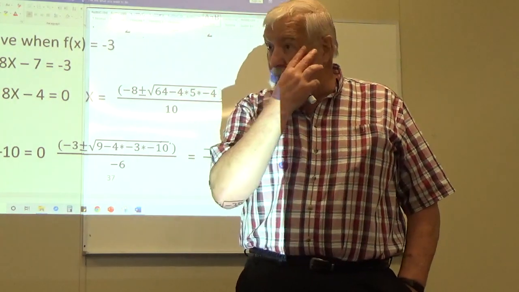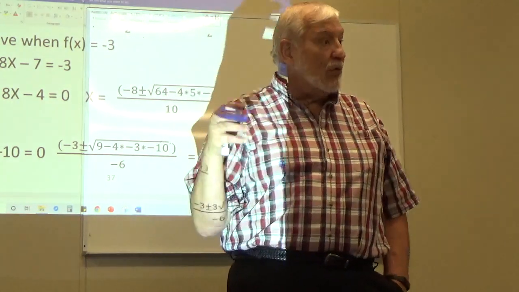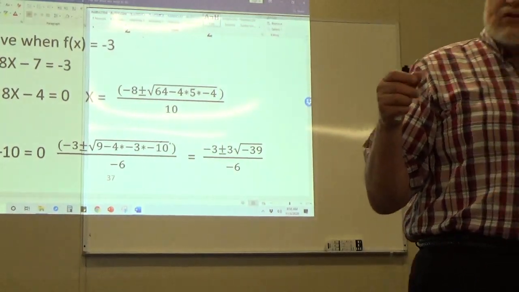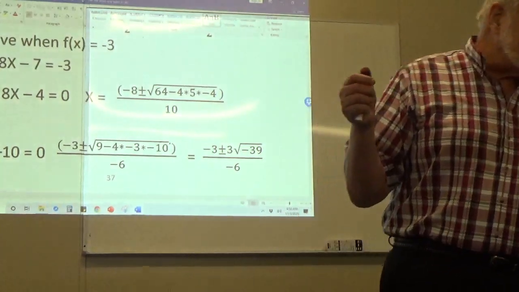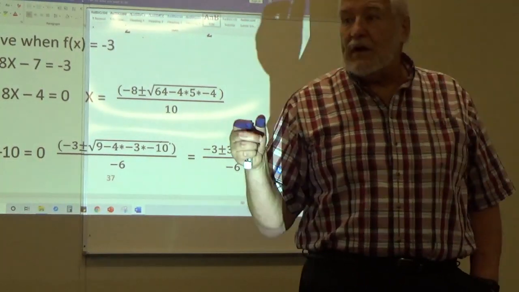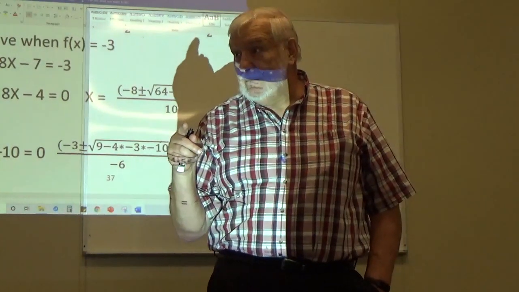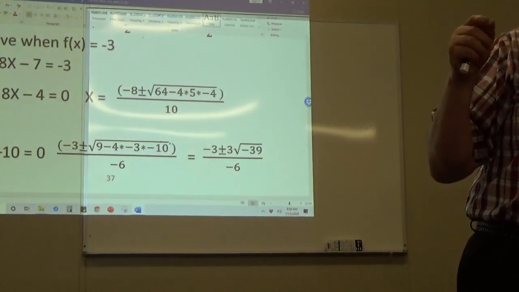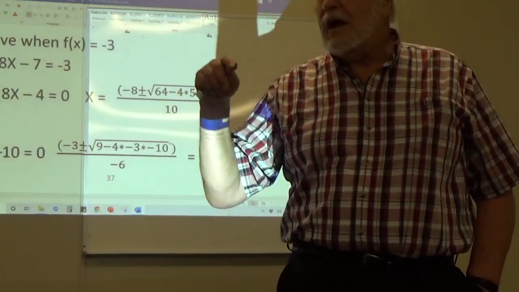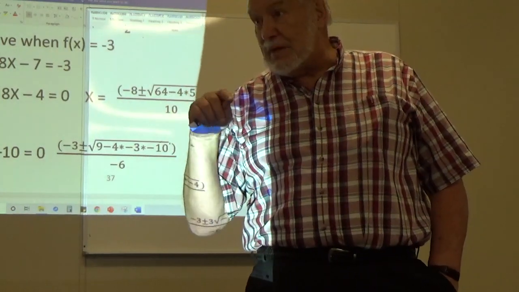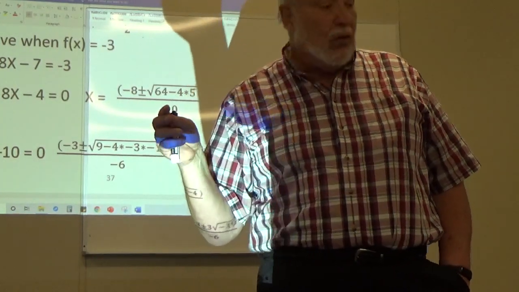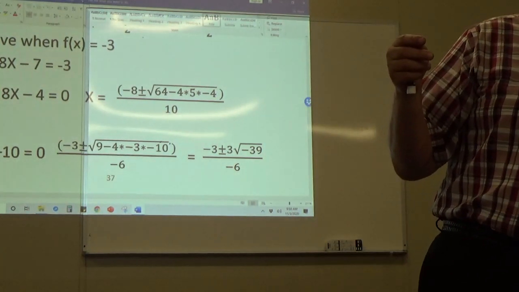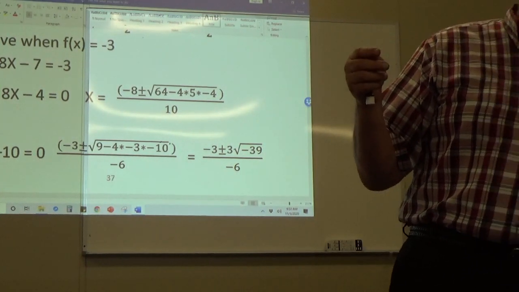All right, so you can do two things. You can substitute normally, right, and the first number is 5x squared, so if we want f of negative 3, that would be 5 times 9, right? Then the next one is plus 8 times negative 3, which is plus negative 24, and then plus the constant, which is negative 7.